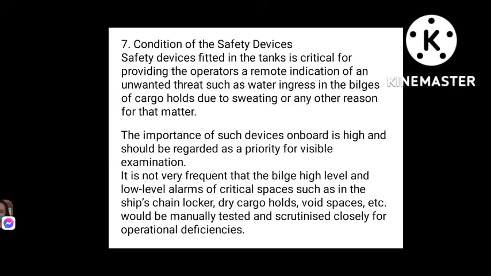Therefore, the importance of such devices on board is high and should be regarded as a priority for visible examination. It is not very frequent that the bilge, high level and the low level alarms of critical spaces such as in the ship's chain locker, dry cargo holds, void spaces, etc. would be manually tested and scrutinized closely for operational deficiencies.